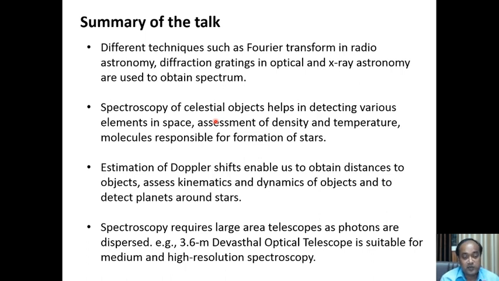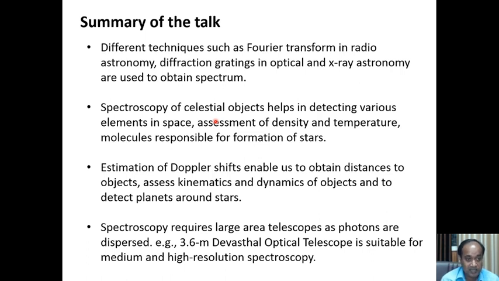For instance, the 3.6 meter Devasthal telescope is the largest in India but not the largest in the global context. There are telescopes like the 10-meter telescope already working, which do spectroscopy more efficiently than a 1-meter telescope.